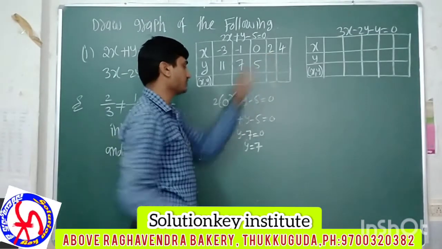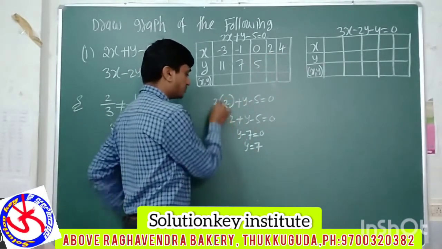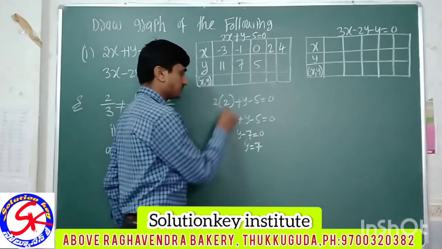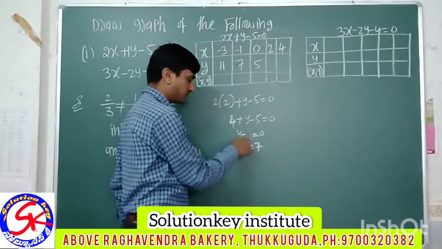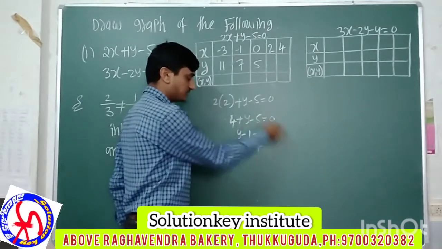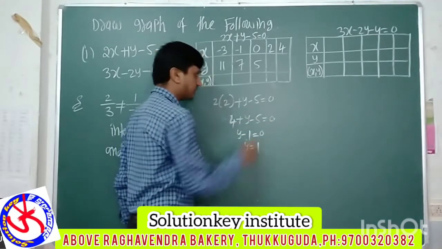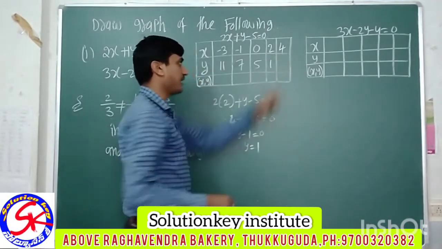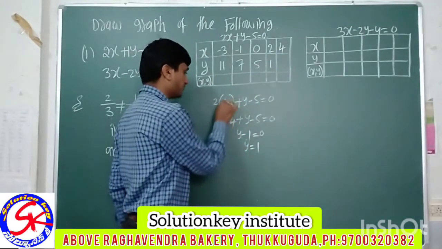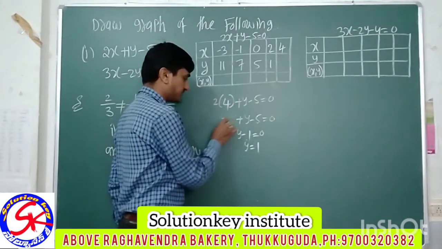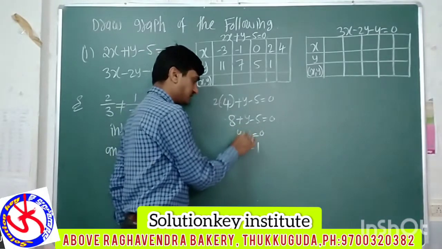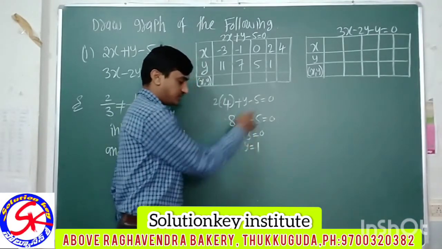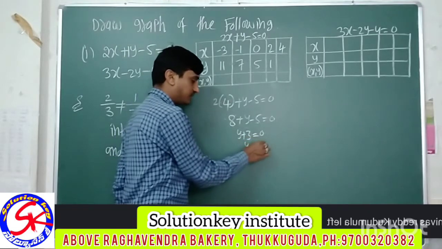Then after that, 2: 2 times 2 is 4, y minus 5, 4 minus 5 is minus 1, which becomes plus 1. The final one is 4: 2 times 4 is 8, 8 minus 5 is plus 3, and sending that to the other side it is minus 3.